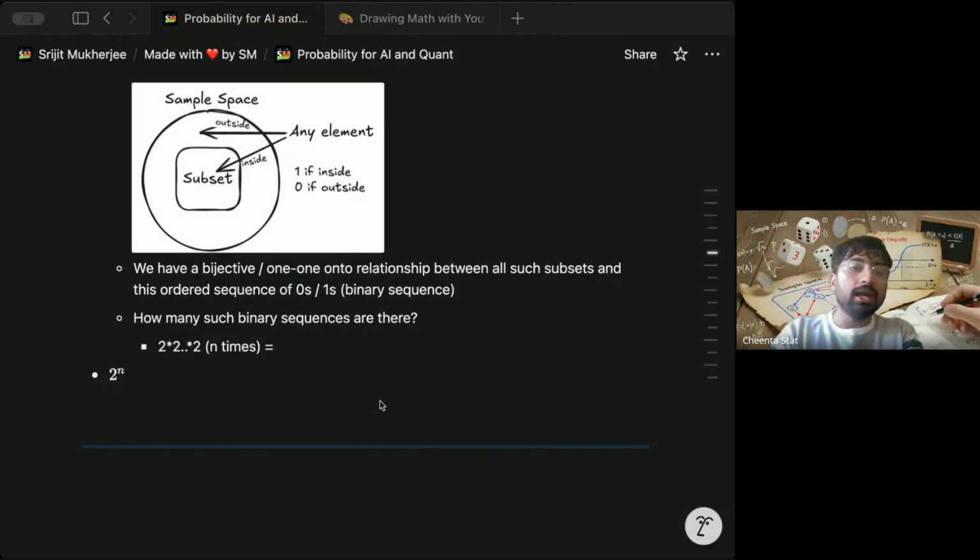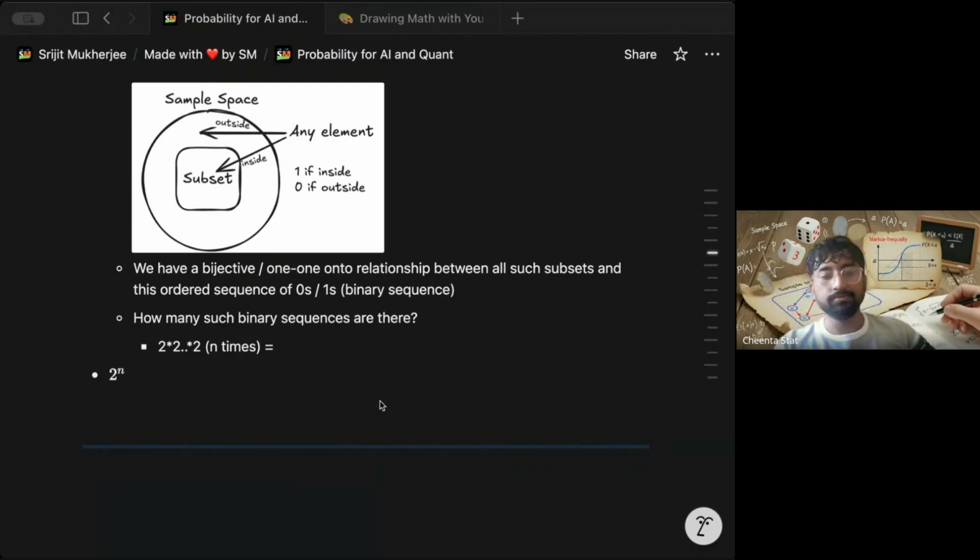So we are doing the same thing. Instead of an ordered sequence of 0s and 1s, we are doing 0s, 1s and 2s. So each element in the ordered sequence can have 3 options. So it's 3 times 3 times 3, so 3 to the power n. It can be outside, inside A, or inside B.